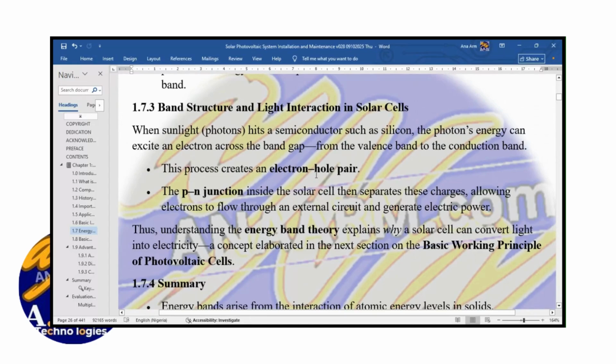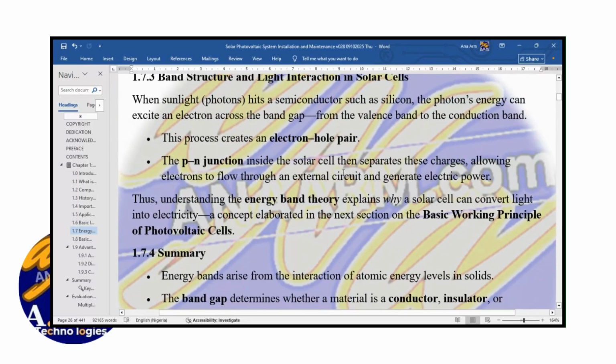This process creates an electron-hole pair. The p-n junction inside the solar cell then separates these charges, allowing electrons to flow through an external circuit and generate electric power.